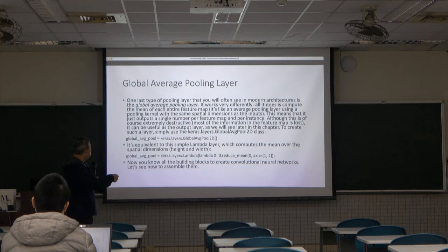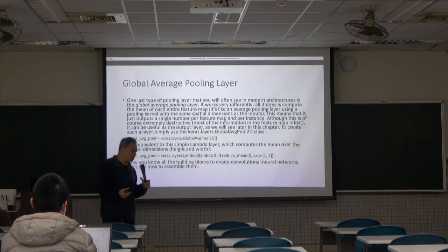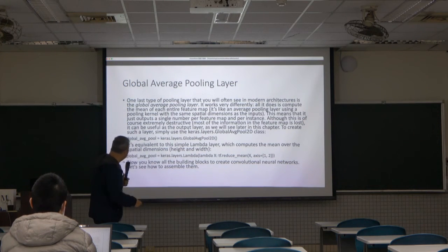Okay, so the way to create a global average pooling is like this. Keras has its default global average pooling. Because it's global average pooling, you don't need to provide the size, because it's going to shrink every feature map into one number anyway, regardless of the size.